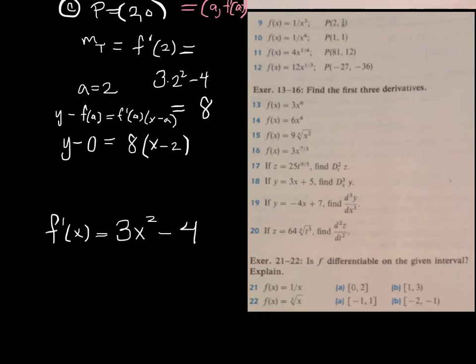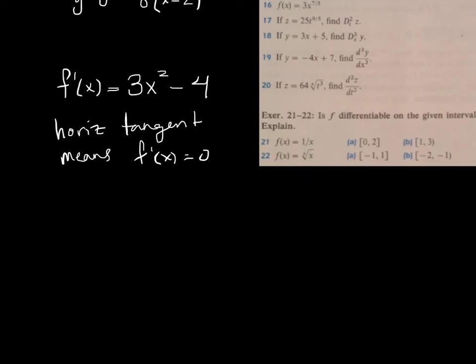Okay. A horizontal tangent line means that f prime equals 0. So that means I just solve it. I say 3x squared minus 4 equals 0.